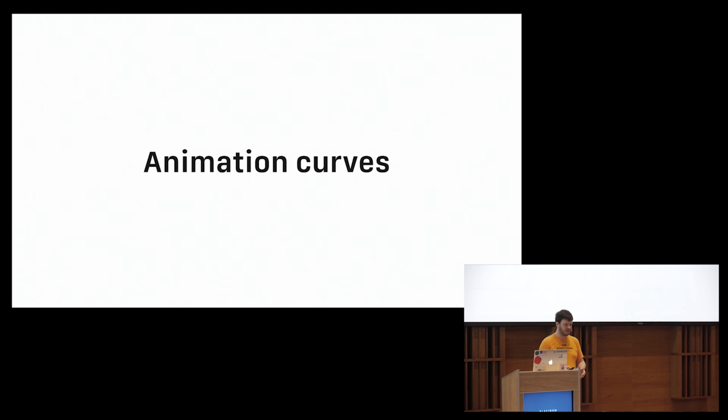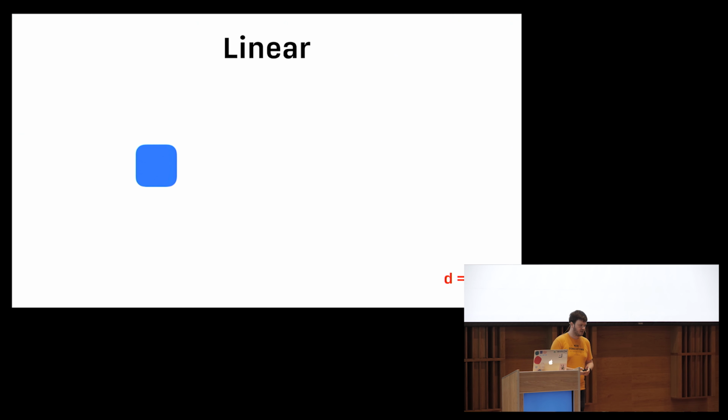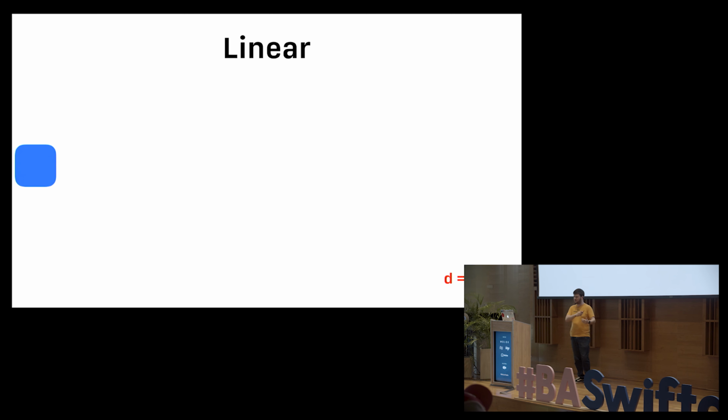But it's important now that I explain to you some concepts about animation. Most of you probably know about these, or at least some of these, but I think it's fair to give a refresher. So the simplest form of animation is the linear one, which is boring. Don't do this. Things in real life don't start at their full speed and then stop dead at the end. They have acceleration.